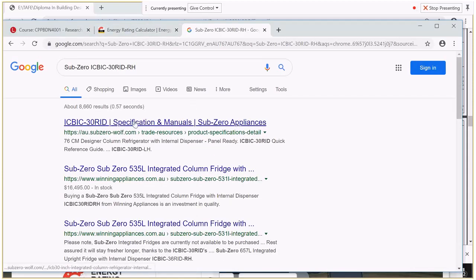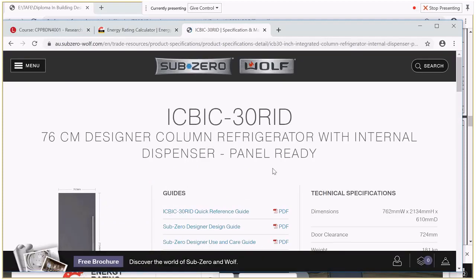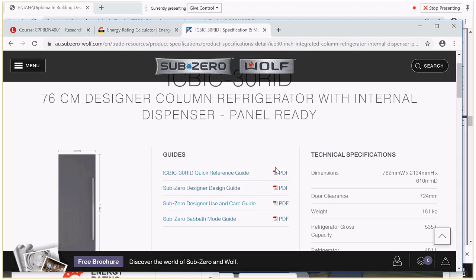There we go, specifications and manuals, Sub-Zero appliances. Fantastic. So we get that information, we put that in our report, saying we've chosen this particular model.